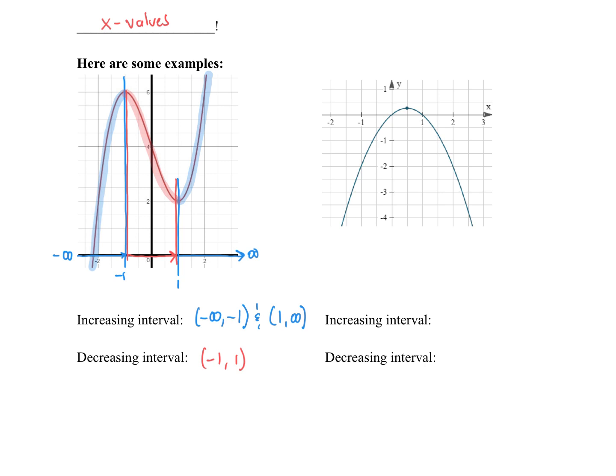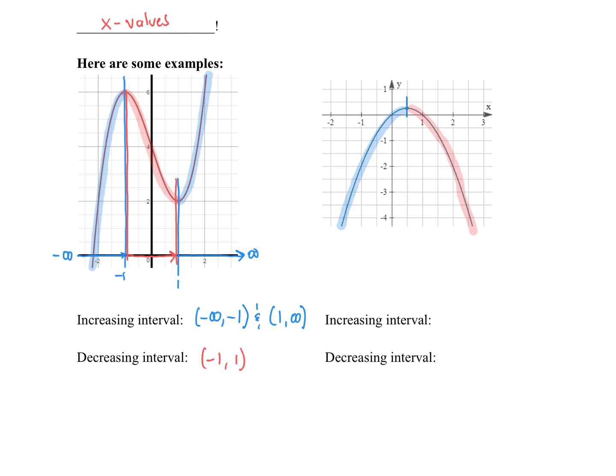Okay, let's do a second example. This one's a little easier because it just has one change in direction. Let's start with increasing. It increases from here all the way to here, and then it decreases from here forever. So we only have one line here.